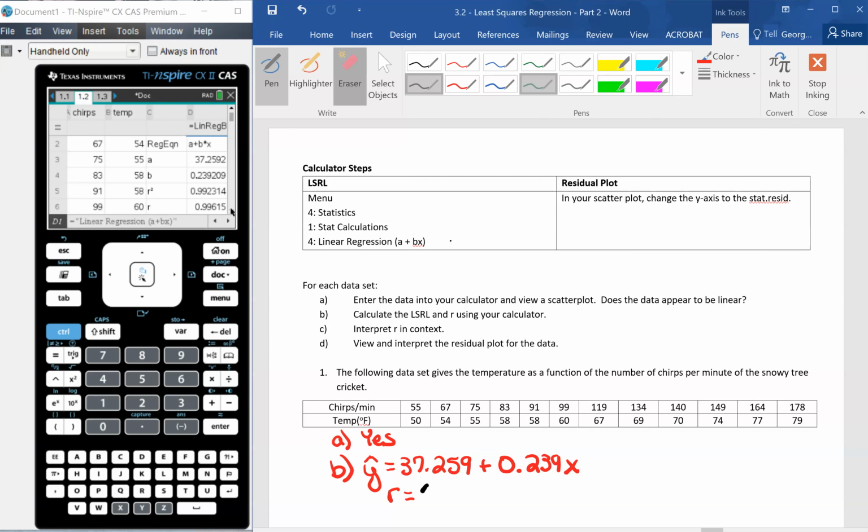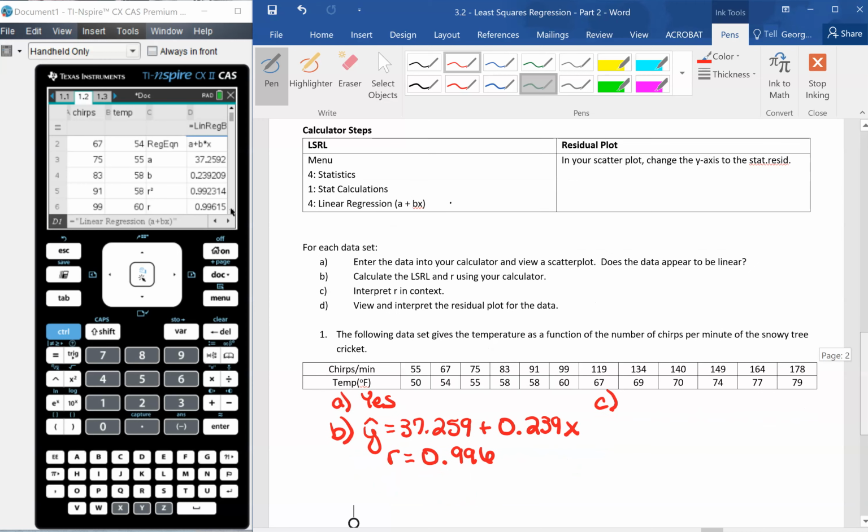So here we've got our R value is 0.996. If you remember yesterday, we talked about how your correlation was on a continuum from -1 to +1. So that is really close to +1. And that's what letter C is asking, and they're asking us to interpret it in context.